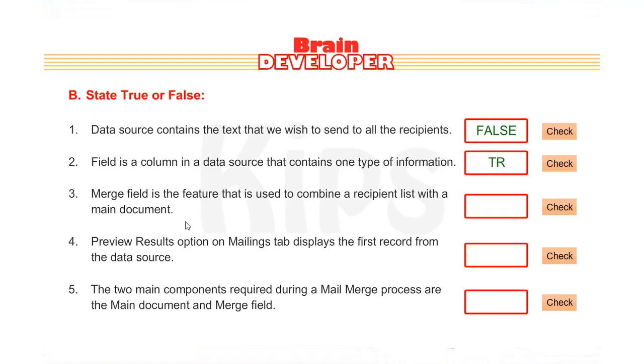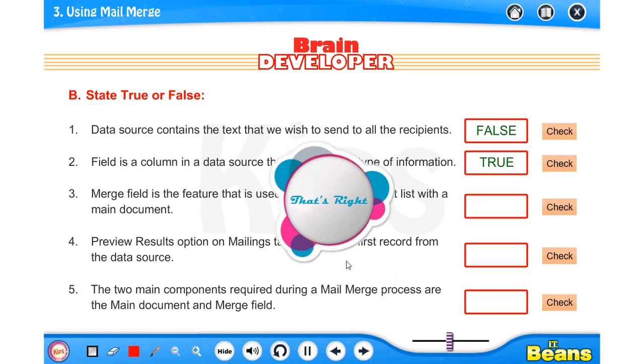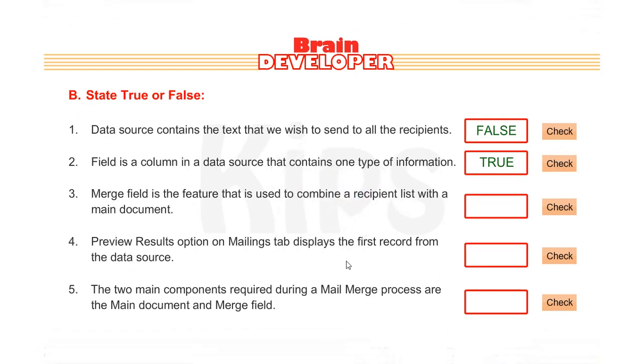Let me check it. Most of you are saying true. Yes, it's correct. So it is true, because, like we all know, under the field name we have given name, so under that field we will write the names of all the students only. So it contains one type of information only.